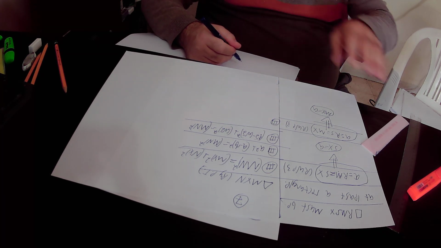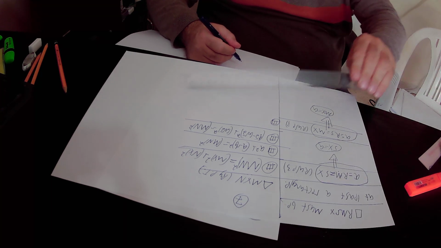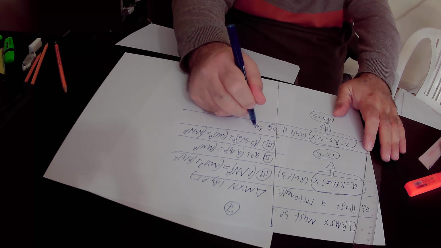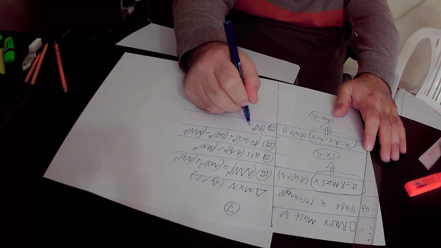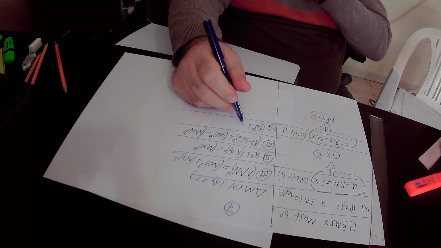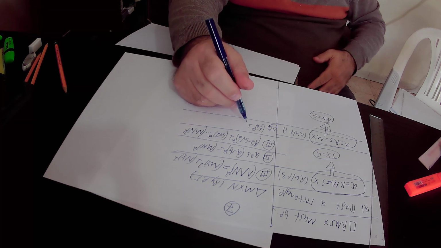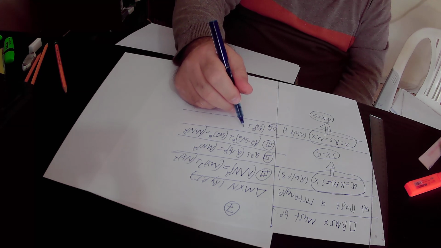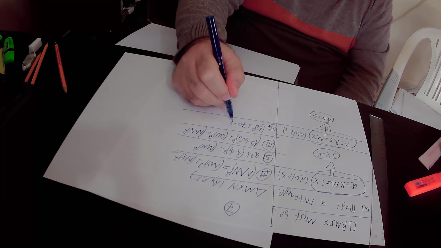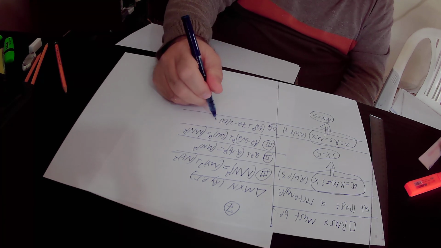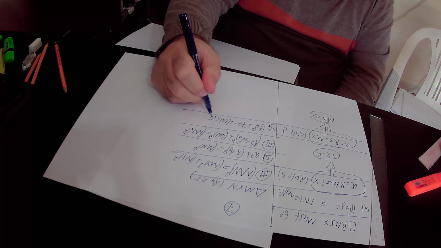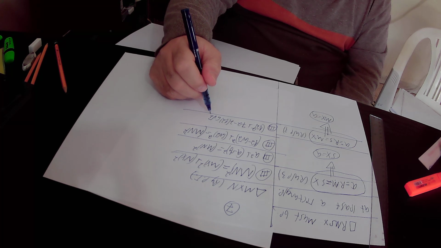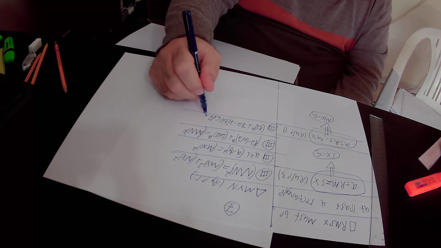Here, (12 minus 6 times square root of 2) square is equal to 12 square plus (6 times square root of 2) square. (6 times square root of 2) square is 6 squared, that is 36, times square root of 2 squared, that is 2, and 36 times 2 is 72, minus 2 times 12 times 6 times square root of 2, and plus (6 times square root of 2) square.